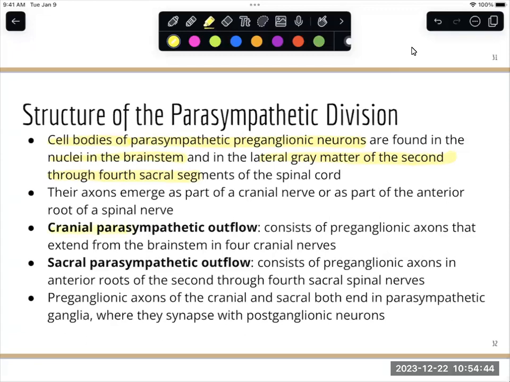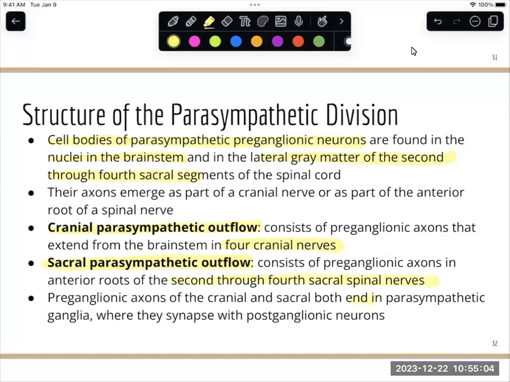We have that cranial parasympathetic outflow, which comes off of 4 cranial nerves. They have that sacral parasympathetic outflow, which is the second through fourth sacral spinal nerves.